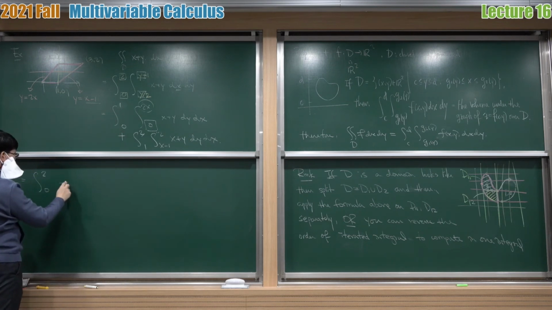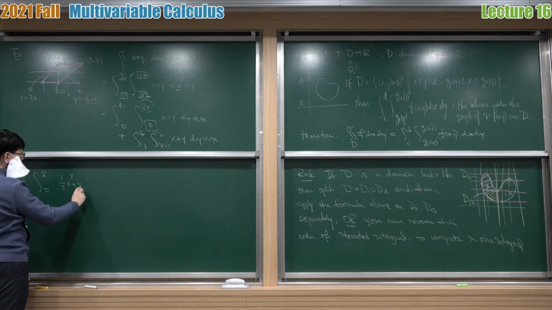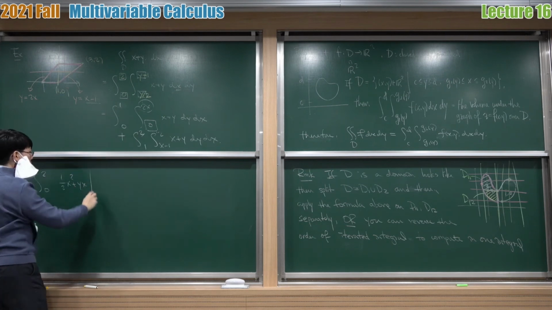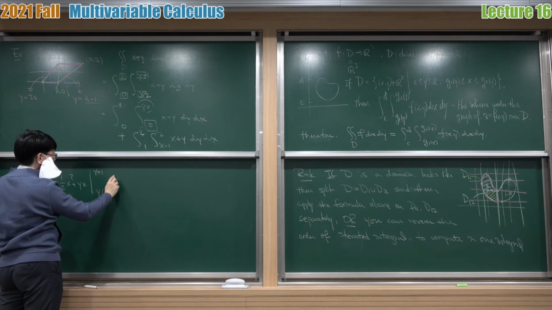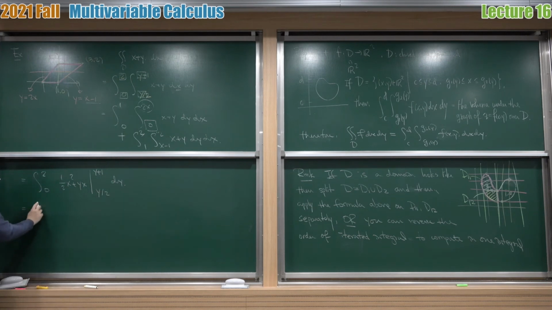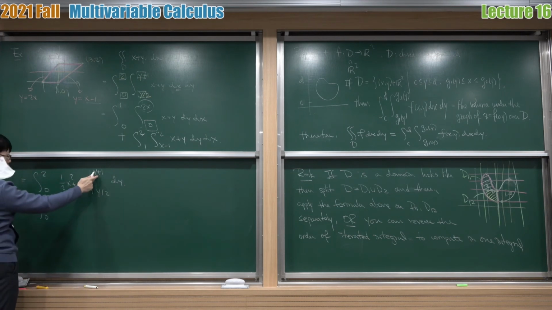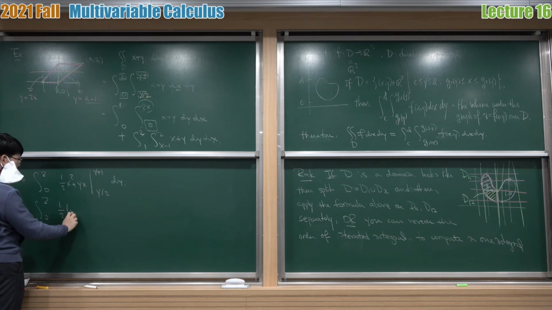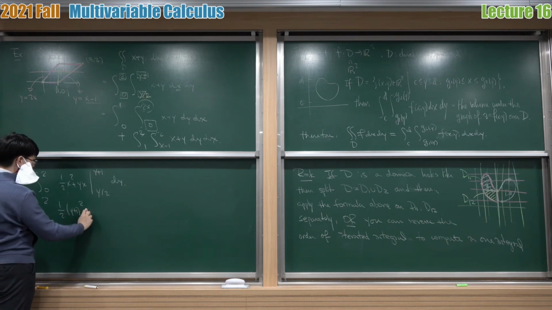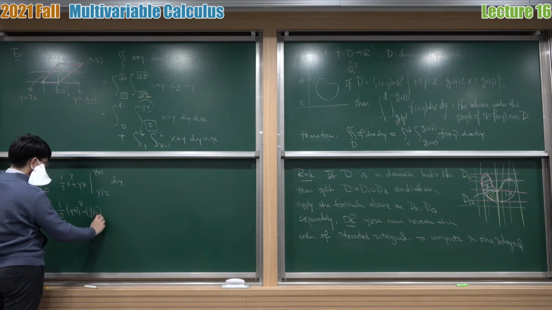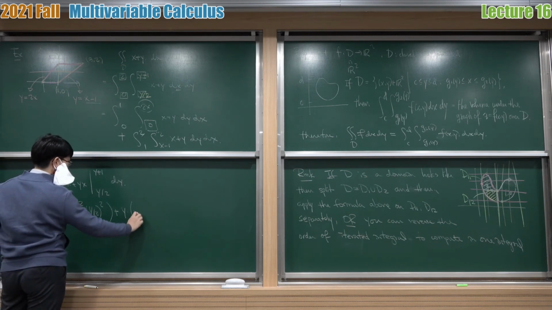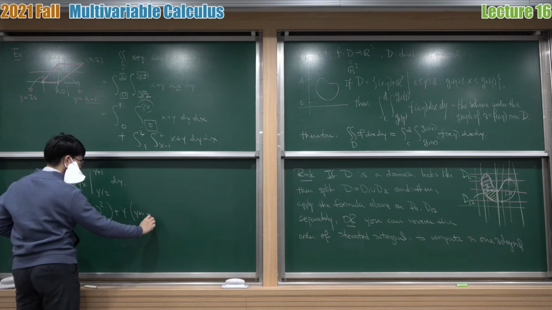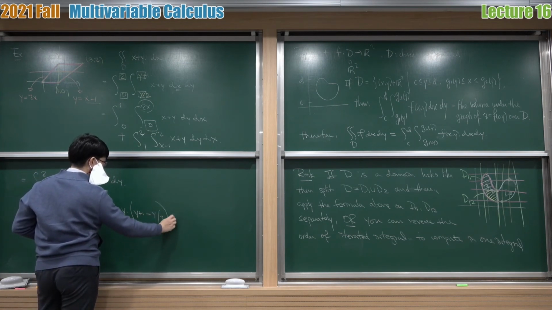It's 1 over 2 x squared plus yx, and you plug in x as y over 2 and y plus 1. And then you plug in these numbers: 1 over 2 times the quantity (y plus 1) squared minus (y over 2) squared, plus y times (y plus 1 minus y over 2), dy.